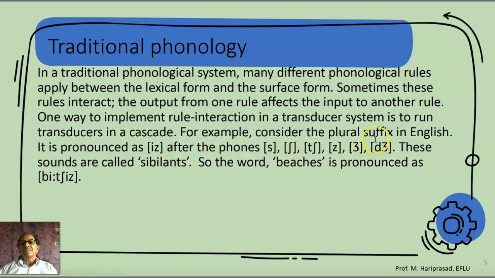For example, consider the plural suffix in English. It is pronounced as "iz" after the phones s, sh, ch, j, z, and zh. These six sounds are called sibilants. So if the plural marker occurs after any of these sounds, the plural morpheme is pronounced as "iz". Take the word beach: beach is the singular, beaches is the plural.